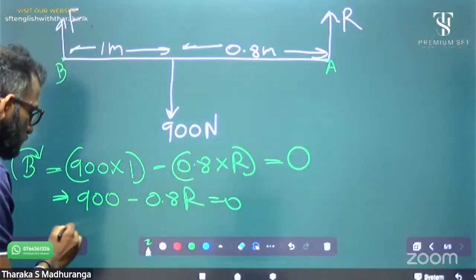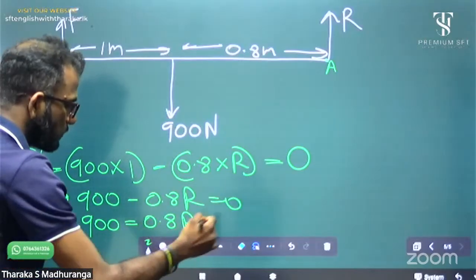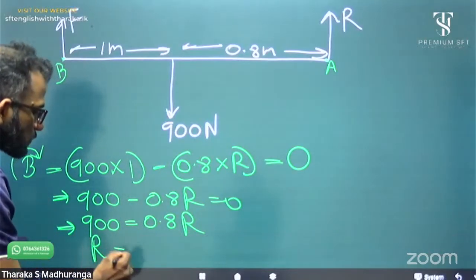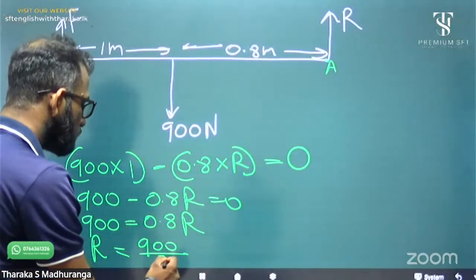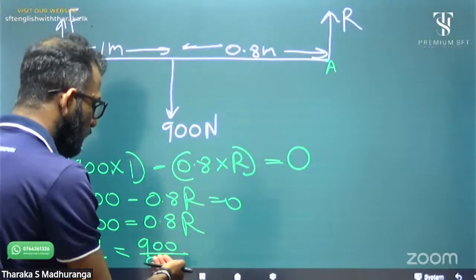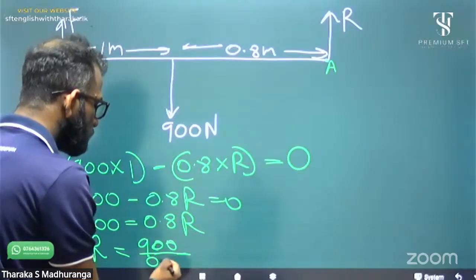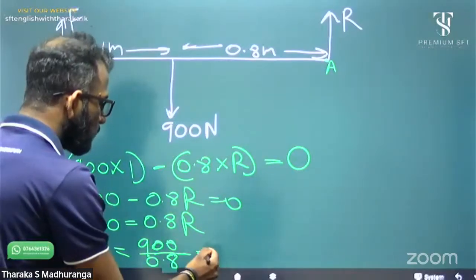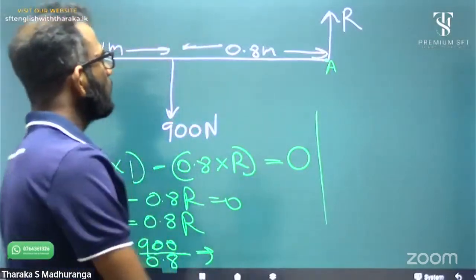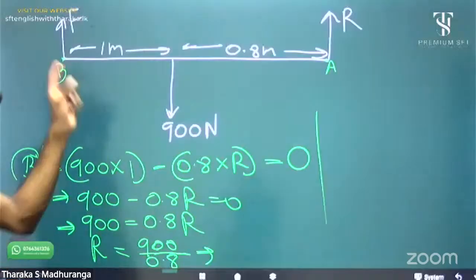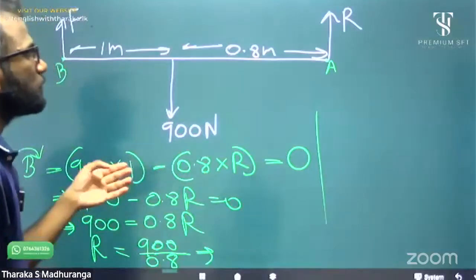Moving 0.8 R to this side, 900 equals 0.8 R. Now what is the value of R? 900 over 0.8. You can get the answer and send it to me.